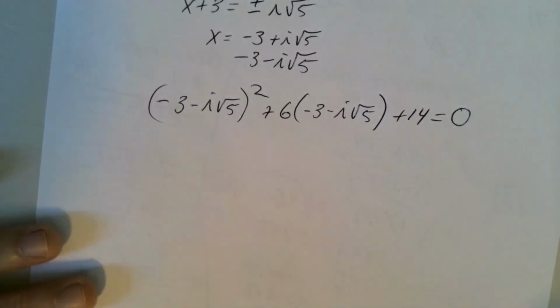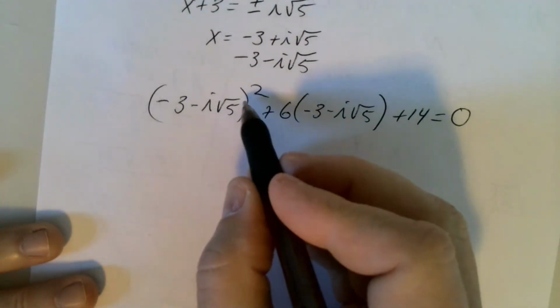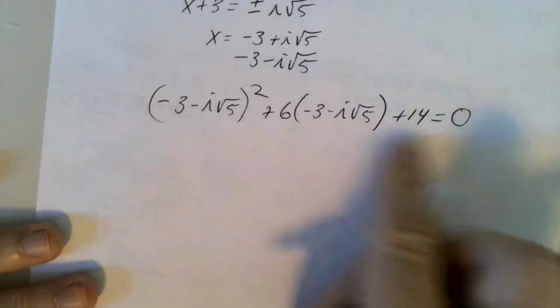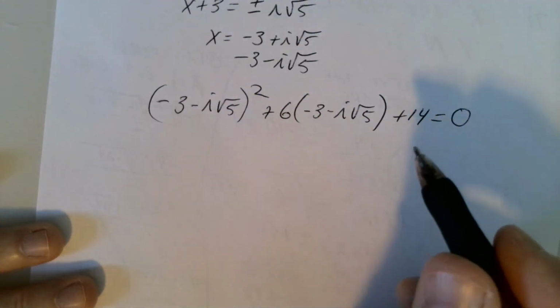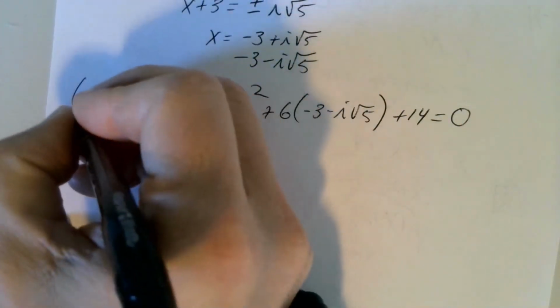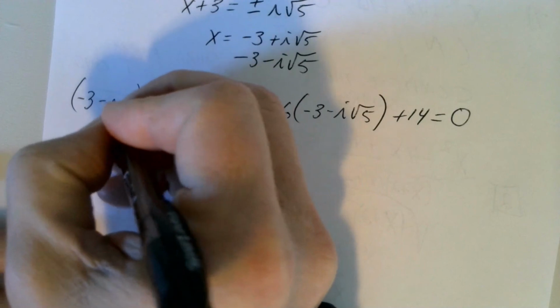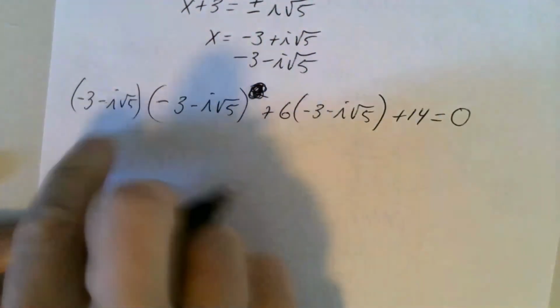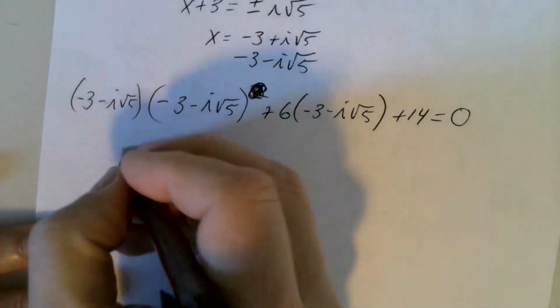So I don't typically do this, but I'm going to do this right now for you guys just so you can see it, because I think it's bizarro that all of this stuff just cancels out, but it really does. So when I say square, that means multiply by itself. So I'm going to do that here. Negative 3 minus i root 5, right? That's what squared means. So negative 3 times negative 3 is 9.